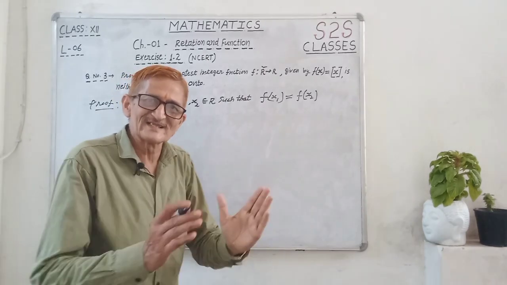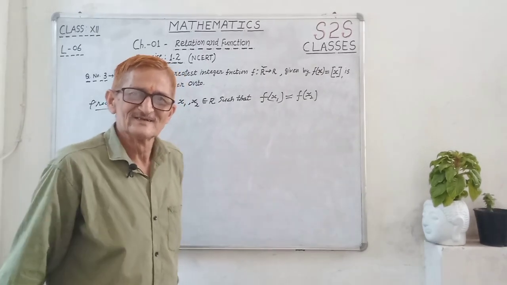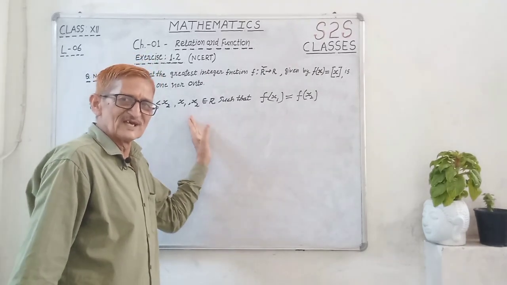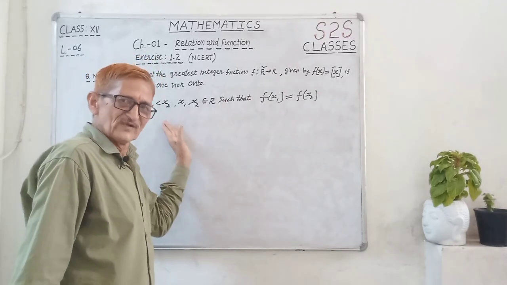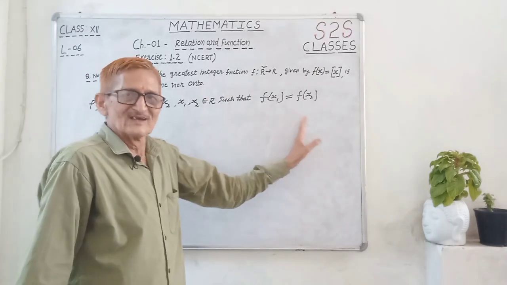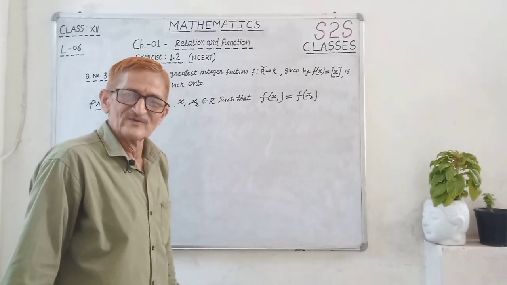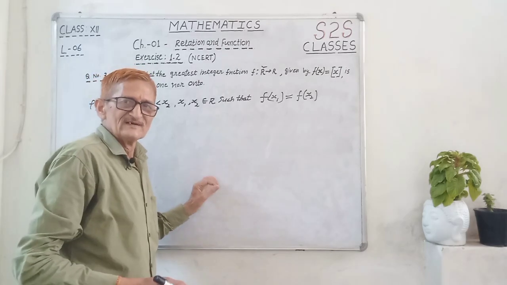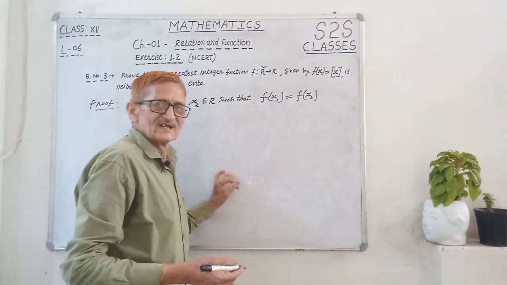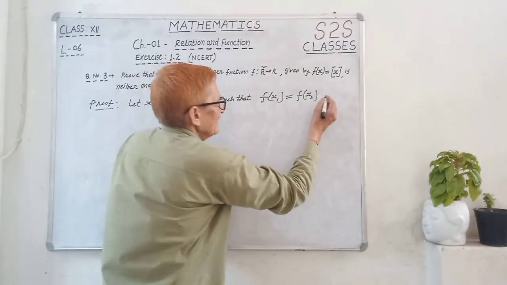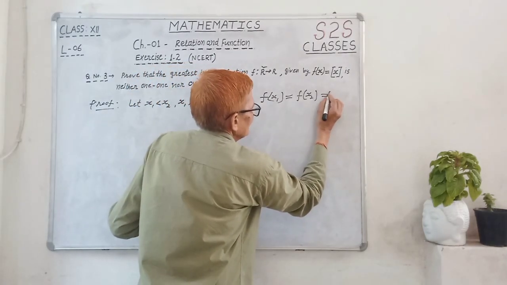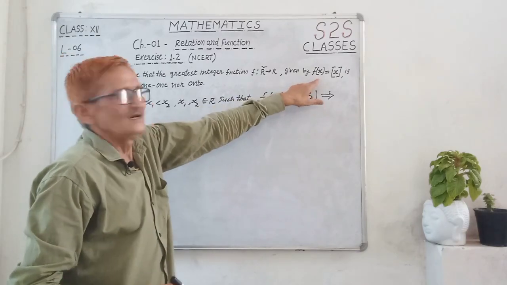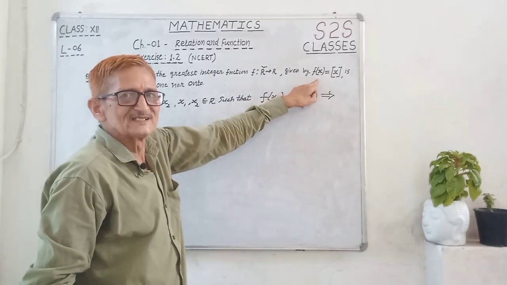This is the standard method to prove one-one for every type of function. Take two elements x1, x2 in the domain, take them different, such that their images are equal, their outputs are equal. This is the standard method to check one-one. Then it implies that, according to the given function, what is the nature of the function?